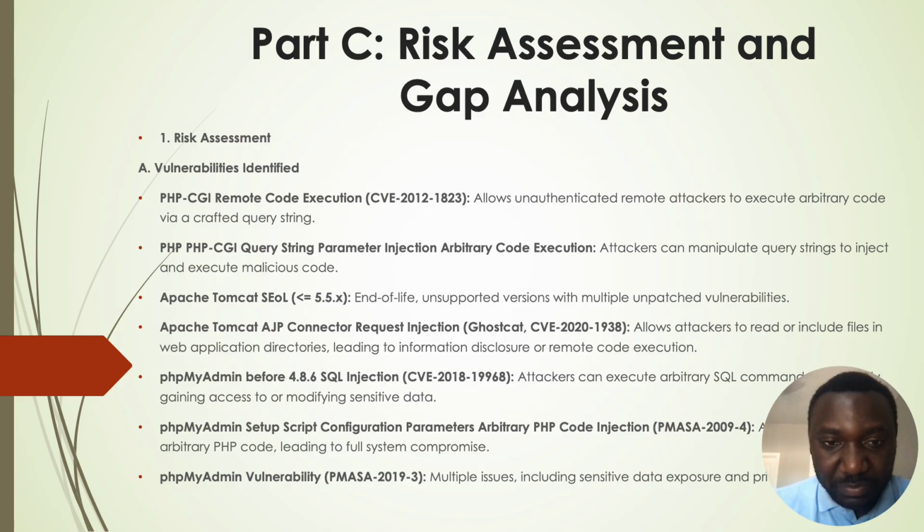Then you have the PHP CGI query string parameter, and then we have, as we said, the Apache Tomcat and the Apache Tomcat AJP. We have the phpMyAdmin before 4.8.6 SQL injection, and then we have the phpMyAdmin setup script configuration parameter arbitrary PHP code injection, and then we have another phpMyAdmin vulnerability.